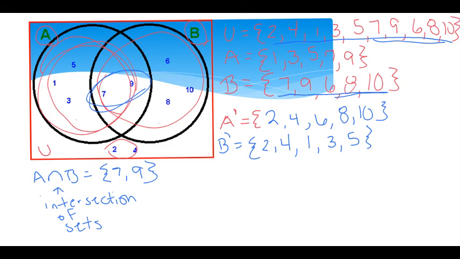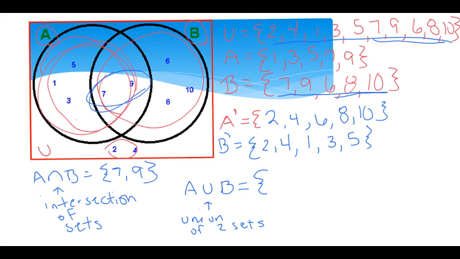There is also the union of two sets. That would be written as A U B, and the capital U here stands for the union of two sets. With the union, it's all the elements in either A or B. You're going to put them together.